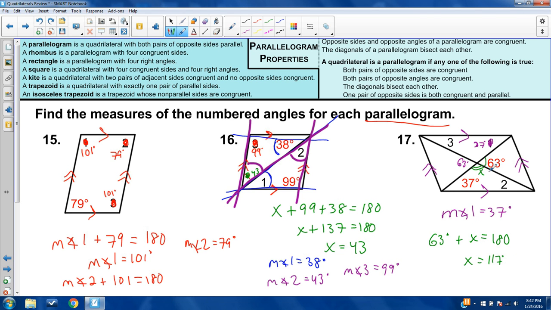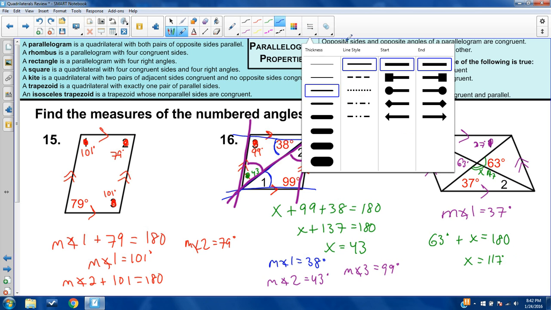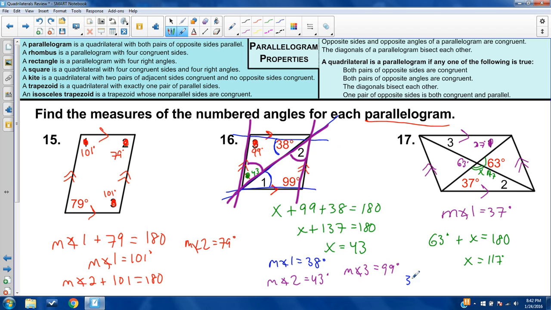So if x is 117, sorry about that, 37 plus 117 plus angle 2 equals 180. Okay, once again, I'm now within a triangle, and I can figure out the rest. 37 plus 117 is 154.